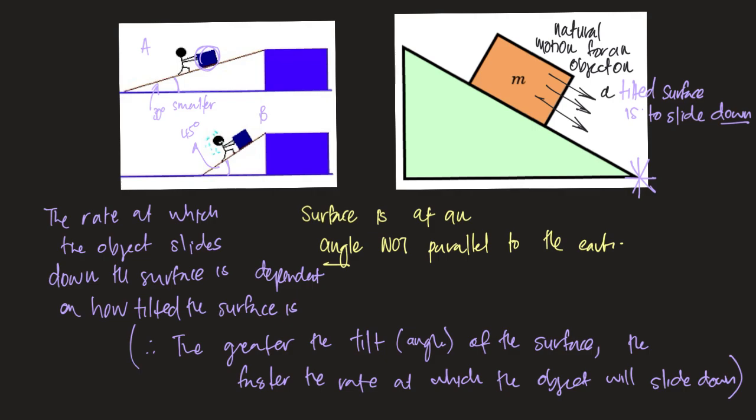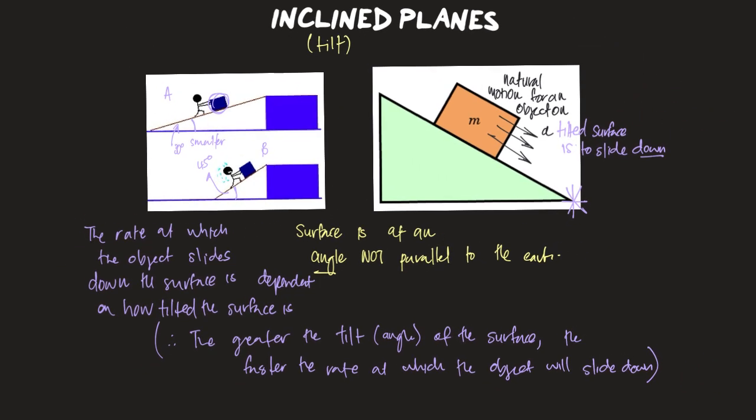All right, so when we're looking at a tilted surface, we're actually looking at an inclined plane. Right, now, objects are known to slide down, they'll accelerate downwards, inclined planes, because of unbalanced forces. So to try and understand this type of motion, it's important to analyze the forces that are acting on the object.